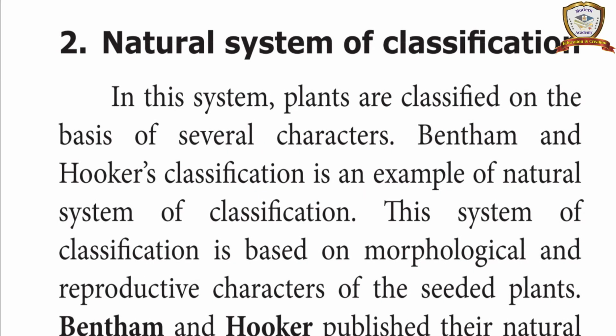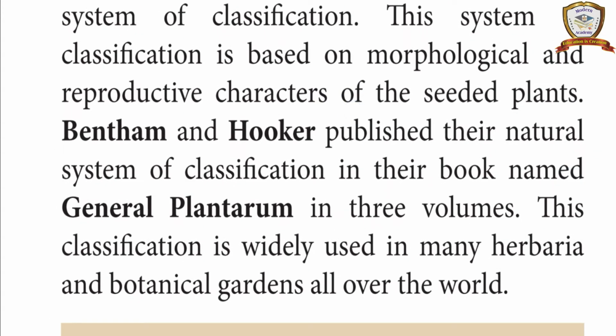Natural system of classification. In this system, plants are classified on the basis of several characters. Bentham and Hooker's classification is an example of natural system of classification. This system of classification is based on morphological and reproductive characters of the seeded plants. Bentham and Hooker published their natural system of classification in their book named Genera Plantarum in 3 volumes.